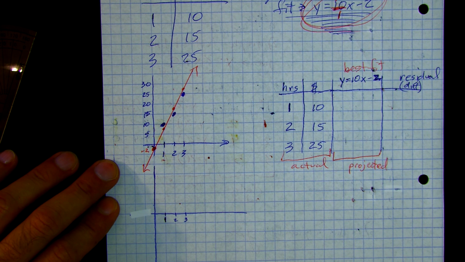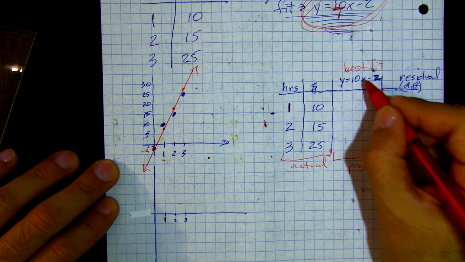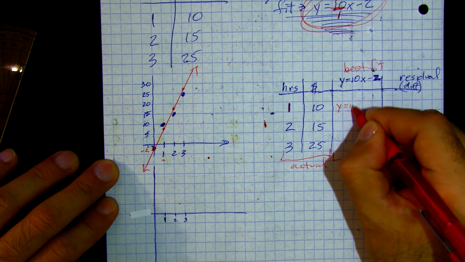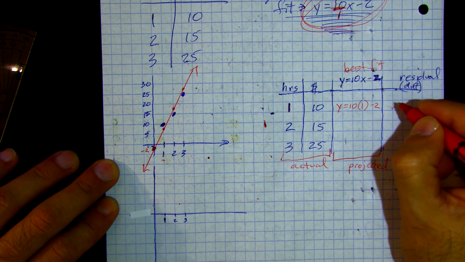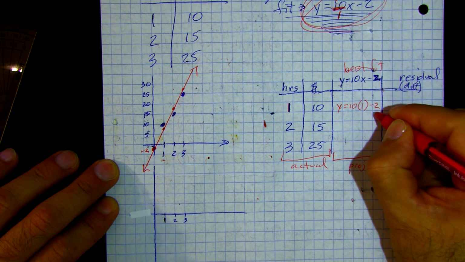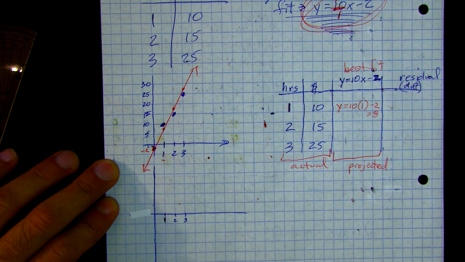Okay, so let's go ahead and do it. I'm going to plug in 1 for my x value. Y is equal to 10 times 1 minus 2. And what do I get here? 10 minus 2 is 8. Let's plug in 2.